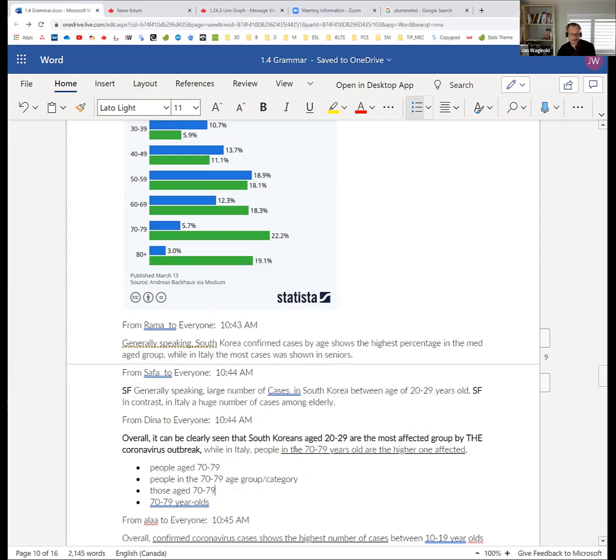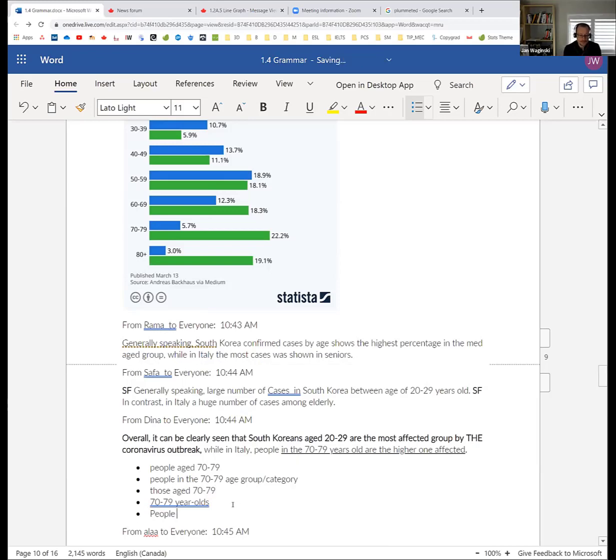Okay, so the simple way to fix this, while in Italy, people. Yeah, we can also do people 70 to 79 years old. Okay.